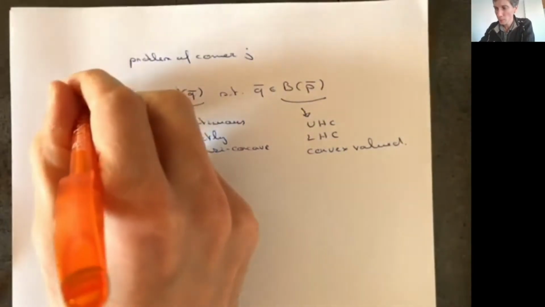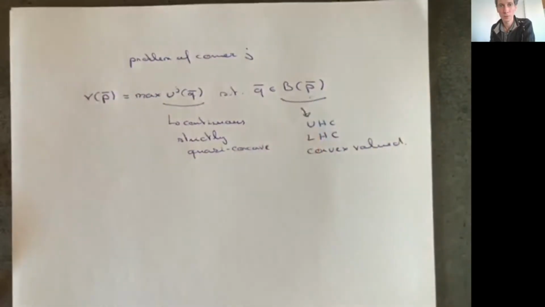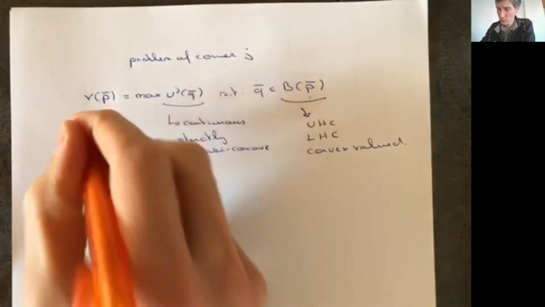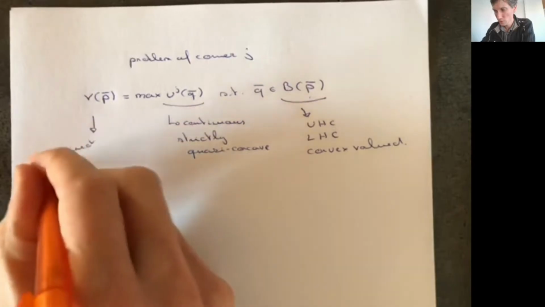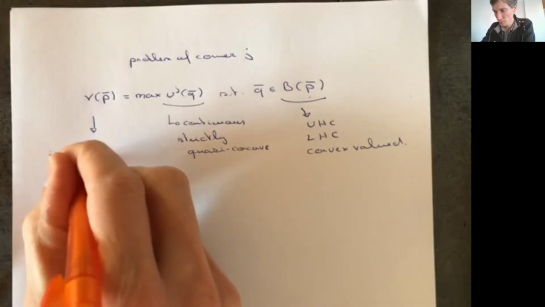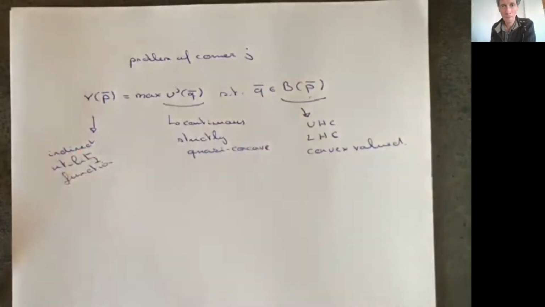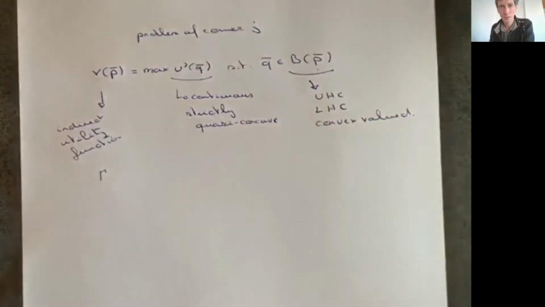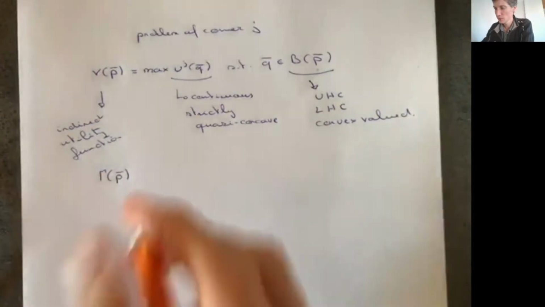Okay, so if I solve this problem, then I will get an optimal value function, which now depends on the price, right? Because this depends on the price. This is similar to what we have seen before. This is the indirect utility function. And then we have an optimal solution correspondence.